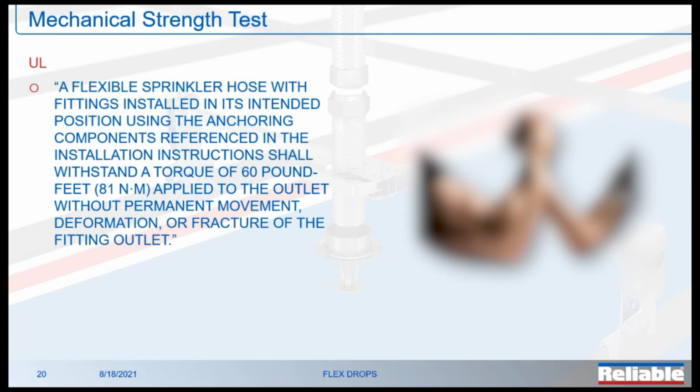But 60 pound-foot of torque is quite a bit. A normal half-inch fire sprinkler could be somewhere in the range of 13 to 18 foot-pounds, and 11.2 may go up into the low 20s. So it's a pretty good safety factor in terms of twisting the assembly once it's anchored to the ceiling.